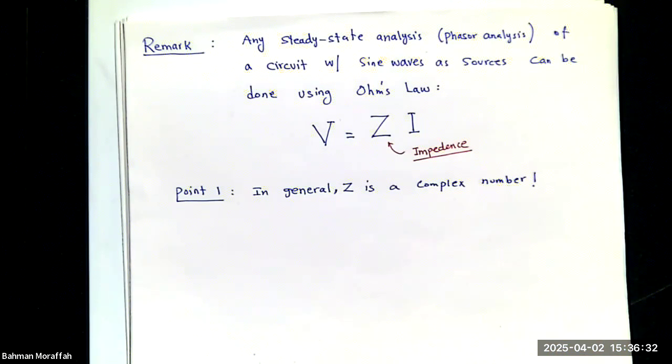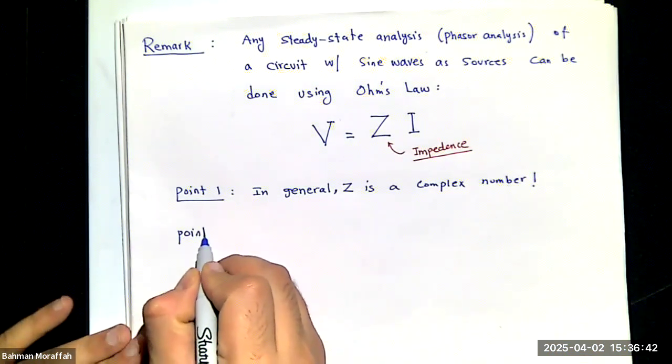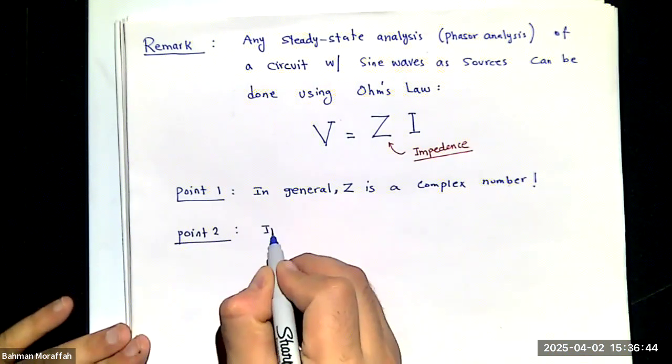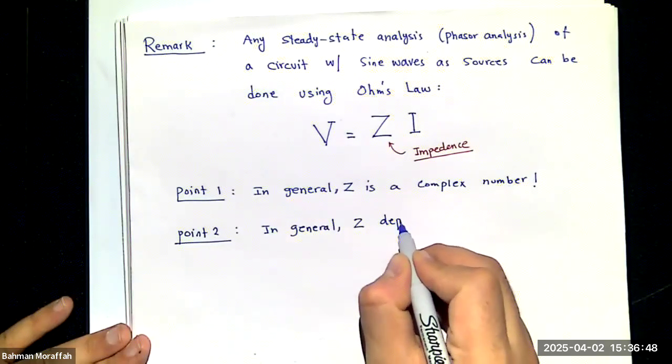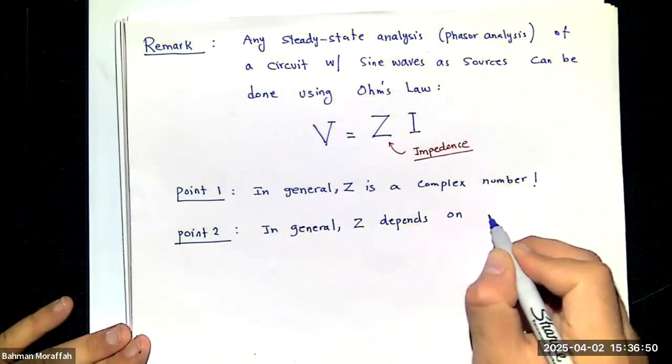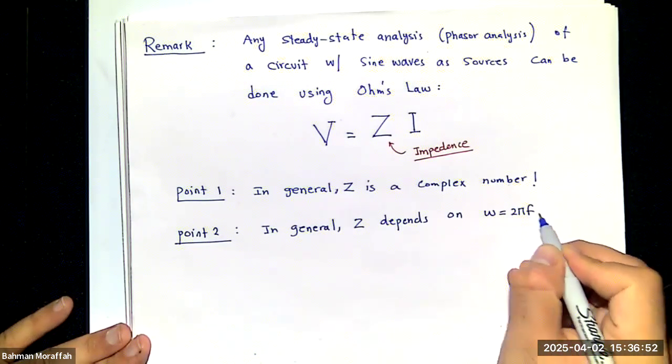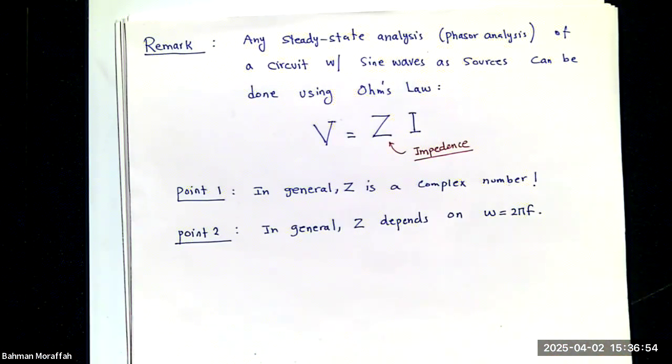Also, we know in general, this Z depends on omega, depends on the frequency of the circuit. So point 2, in general, Z depends on omega, which is 2 pi f.